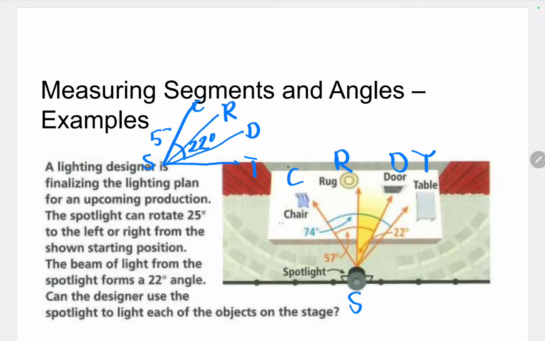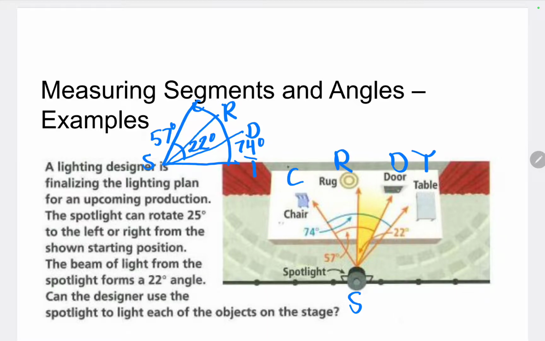So that's 57 right here. The entire angle from C through S and to T is 74 degrees. So my question here is, can I light the chair and can I light the table?